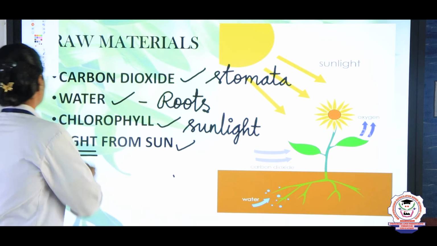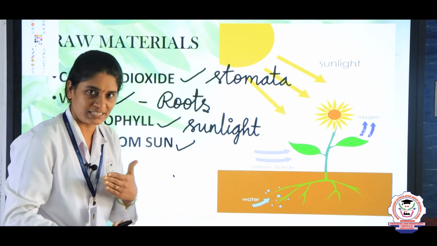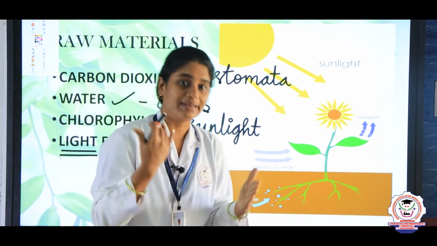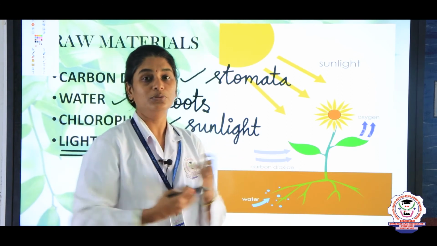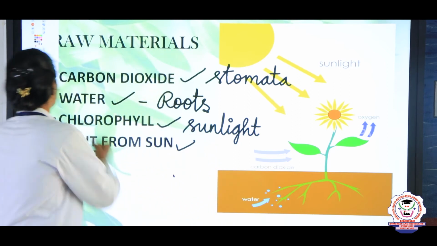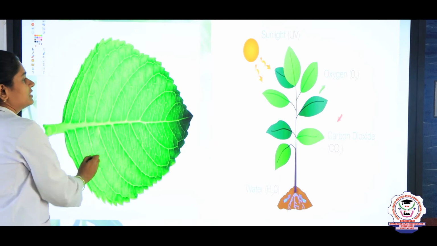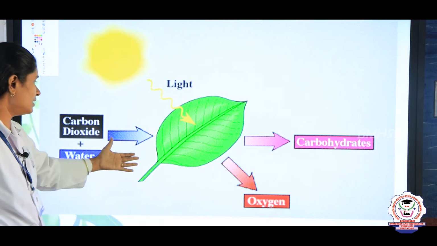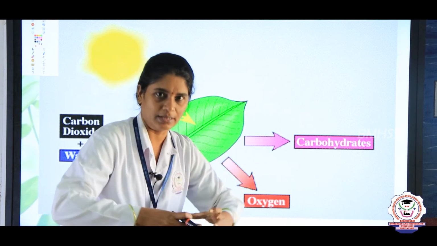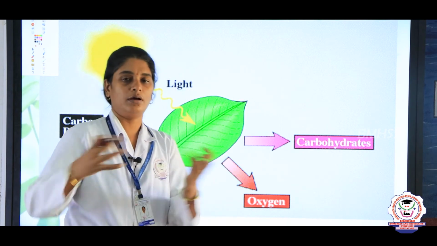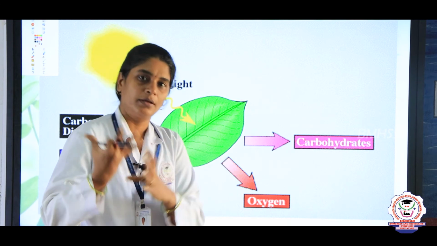Okay. Right. So, now we saw where the photosynthesis takes place and what the raw materials are that are required to do the photosynthesis, right. So, next we are going to see what exactly, once we put all together, is the end product of the preparation.